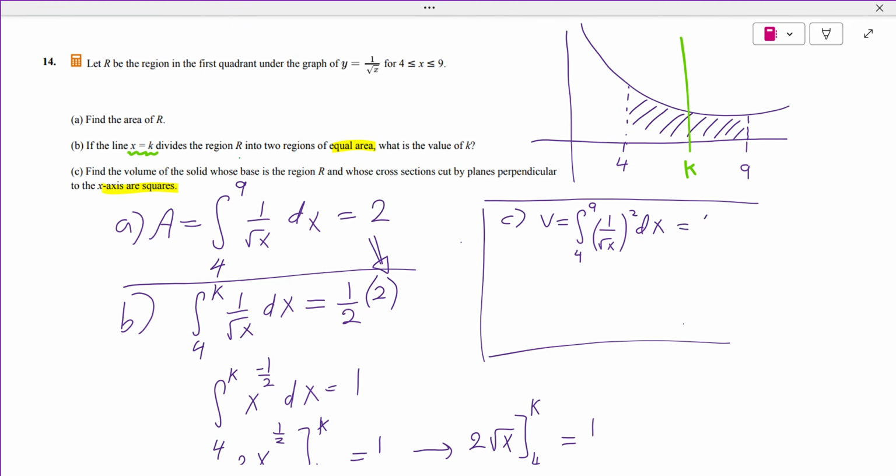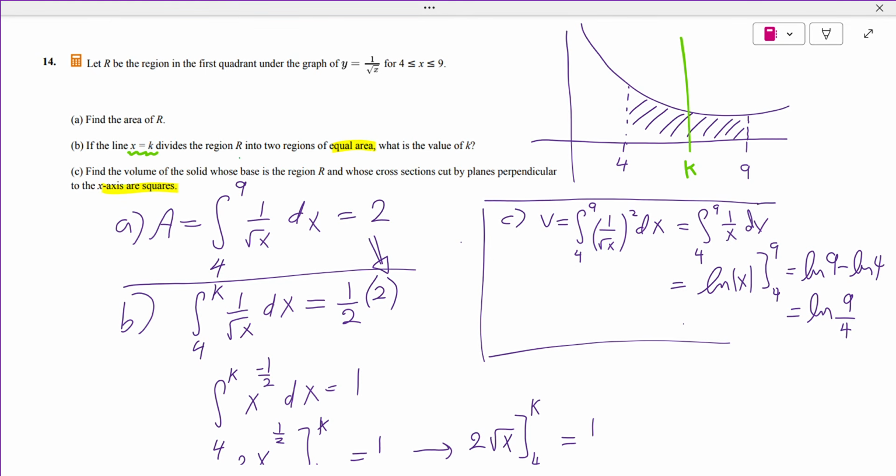This is the integral from 4 to 9 of 1 over x dx, right? What's the integral of 1 over x? It is ln of x, evaluated from 4 to 9. It is ln of 9 minus ln of 4, which is ln of 9 over 4. This is the last answer.